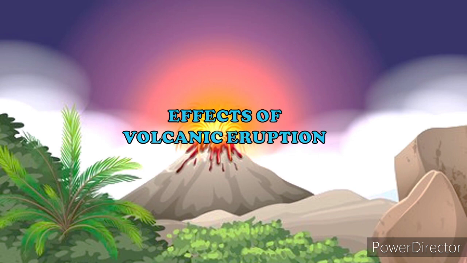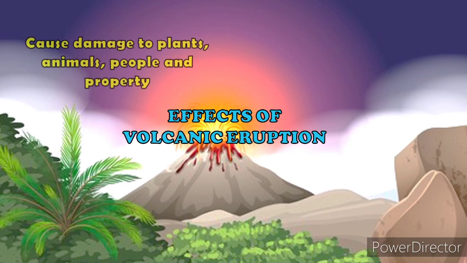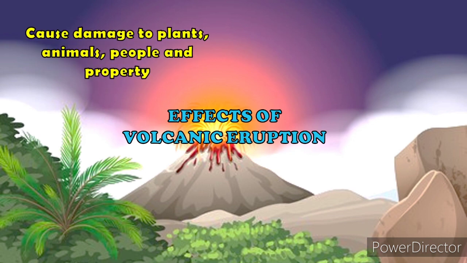Now, let us see the effects of volcanic eruption. Volcanic eruption can be beneficial and harmful. For the harmful effects, it can cause damage to plants, animals, people, and property because of the pyroclastic materials ejected by the volcano during a volcanic eruption.